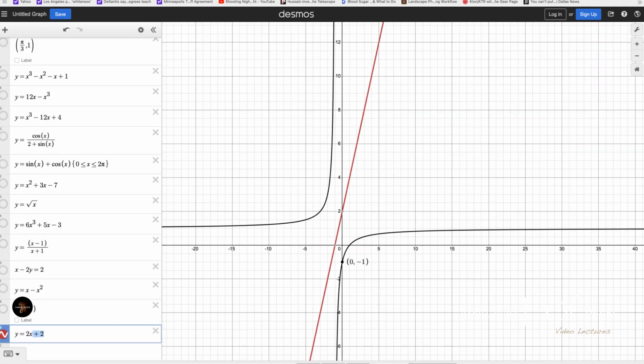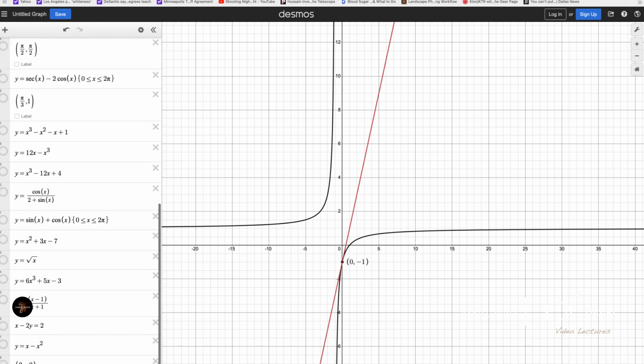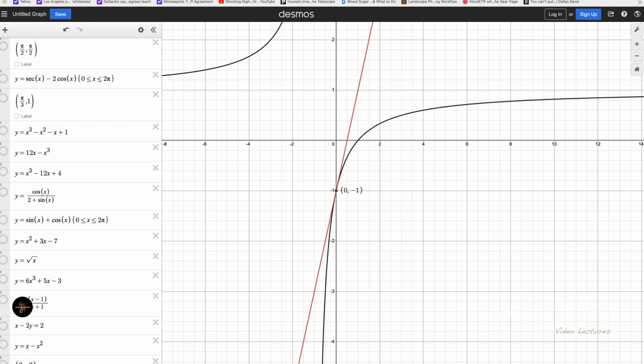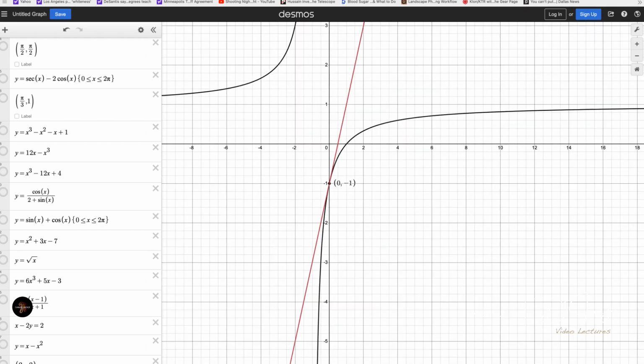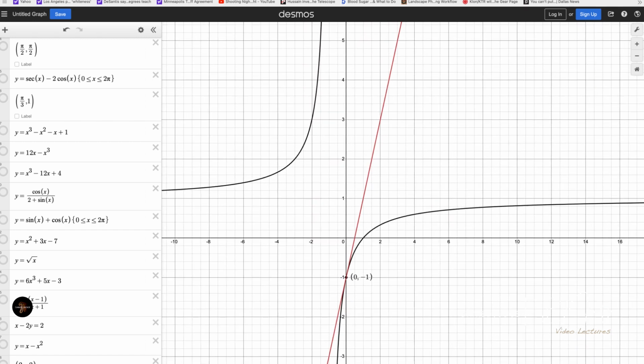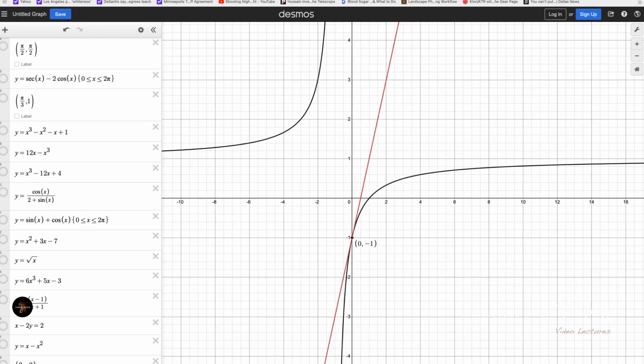That's going to be minus 1 here. And there it is, ladies and gentlemen. You guys can see. Let's get that right in the middle. That's exactly what they're looking for, the equation of the line tangent to the curve at that indicated point.